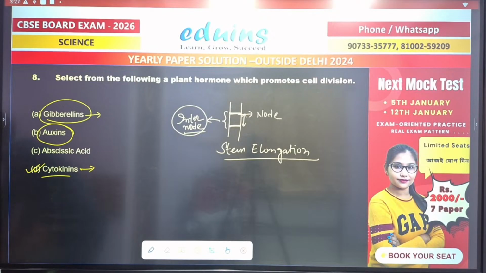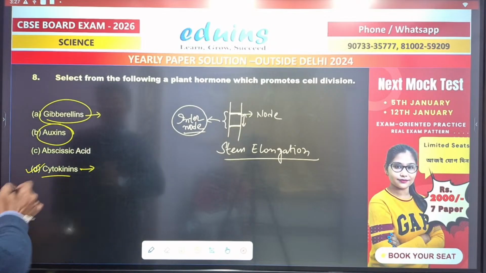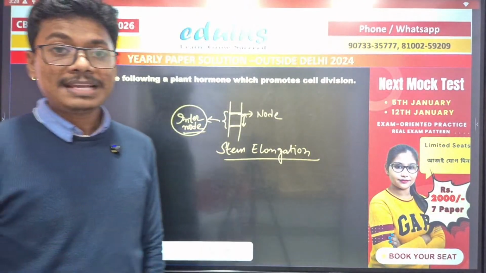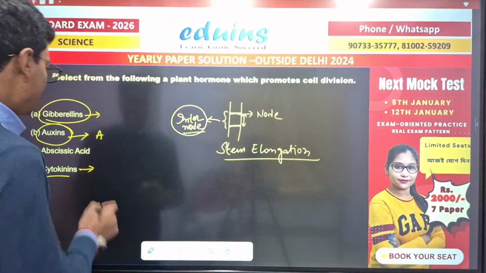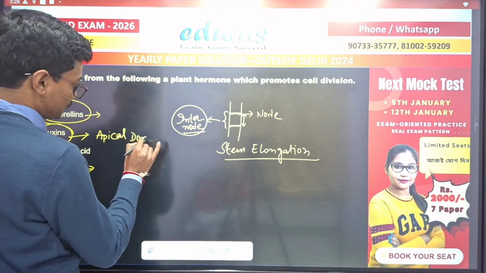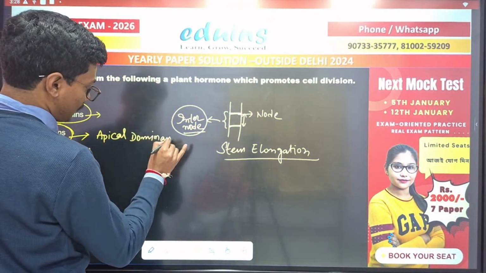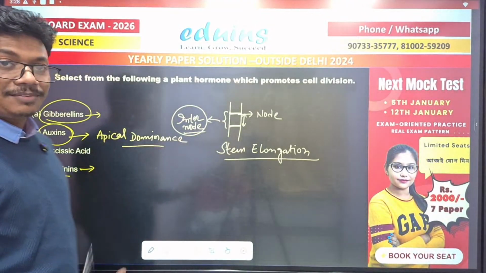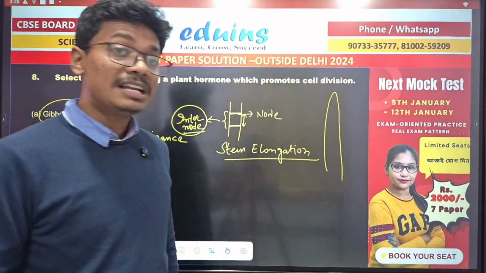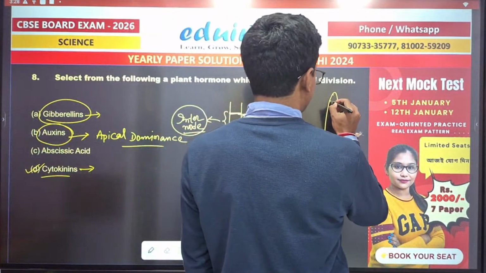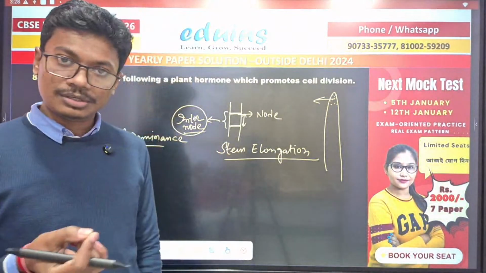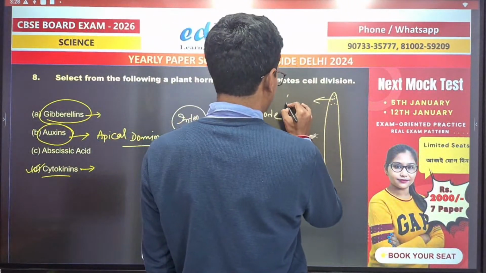We know that auxin is responsible for apical dominance. What is apical dominance? Auxins are present in the tip region, where the meristematic tissue is, the apical or apex region.